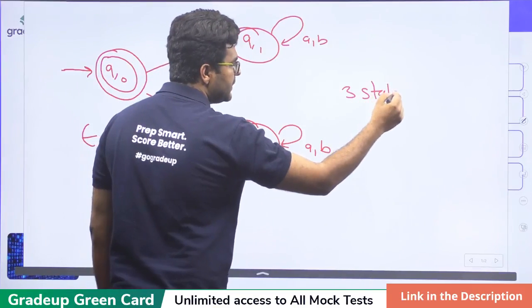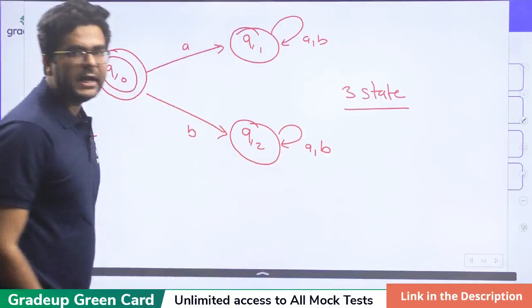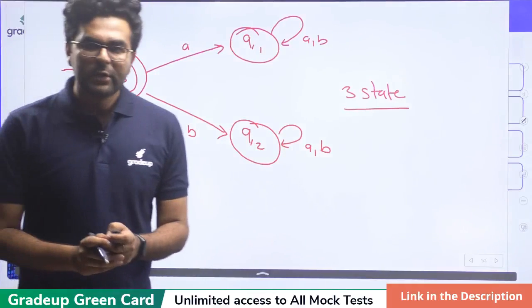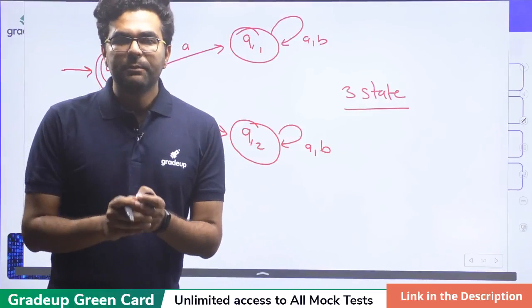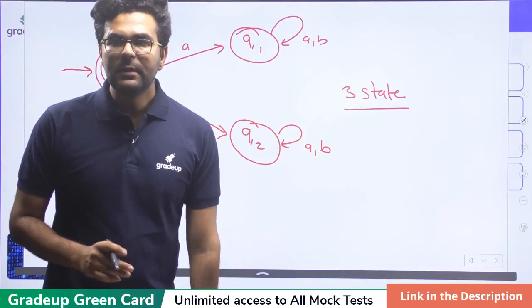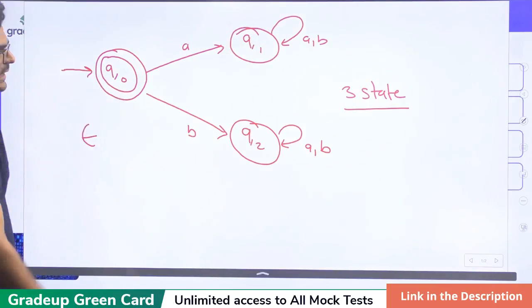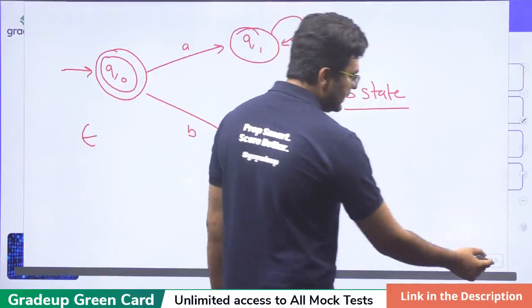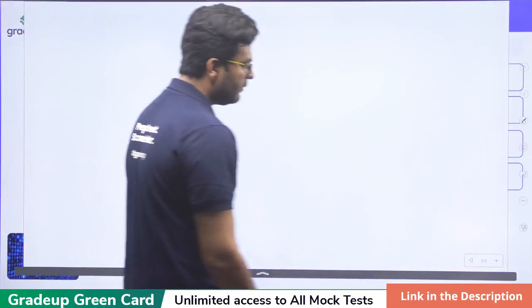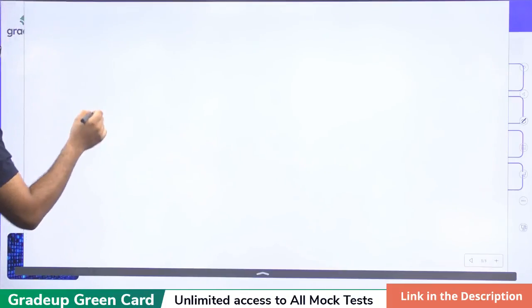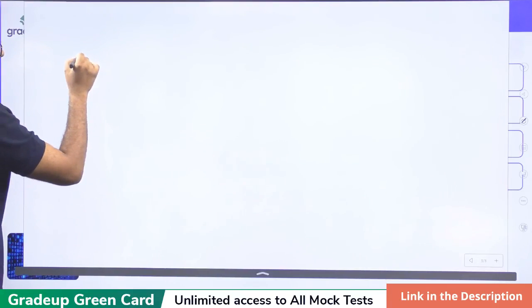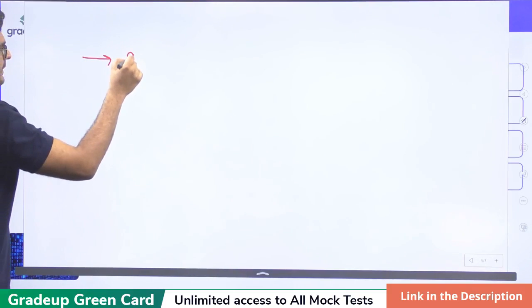So there might be a possibility that if you draw an automata with some number of states, then that automata can be minimized, like this example. Let's assume one more example. If you have an automata, let's say something like this.